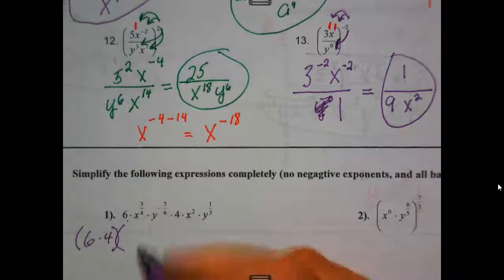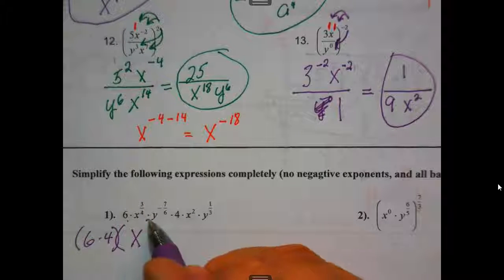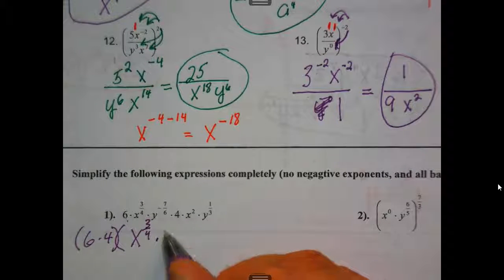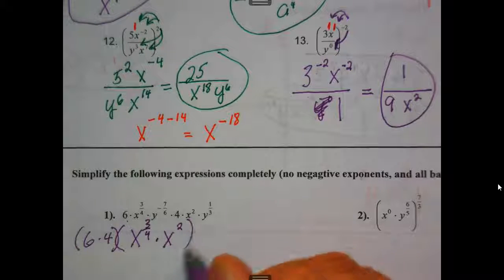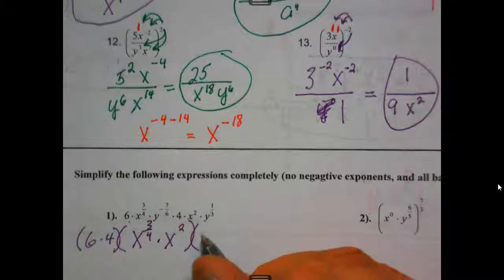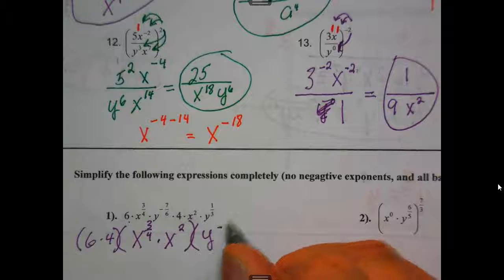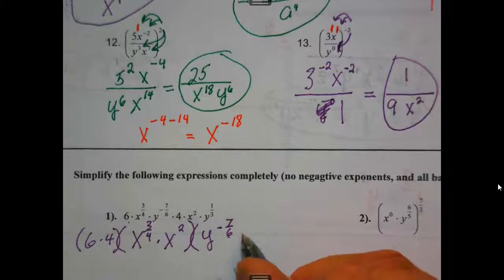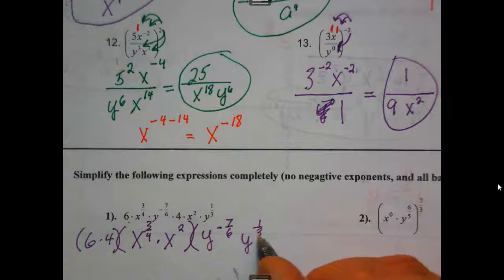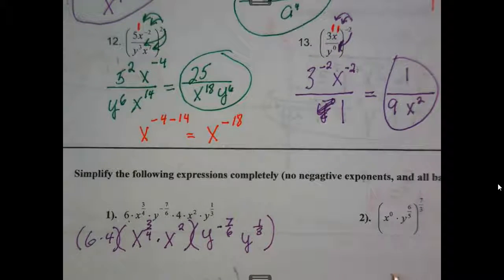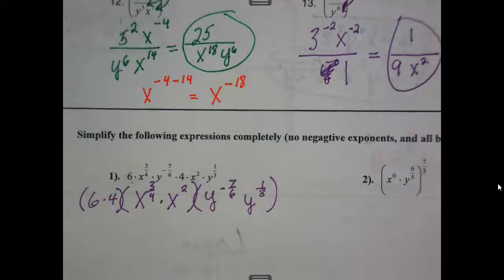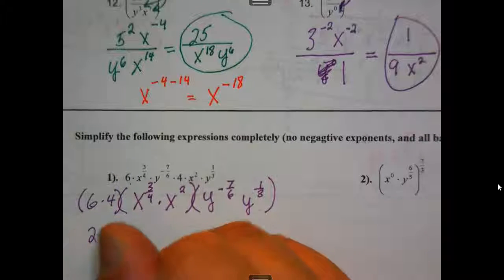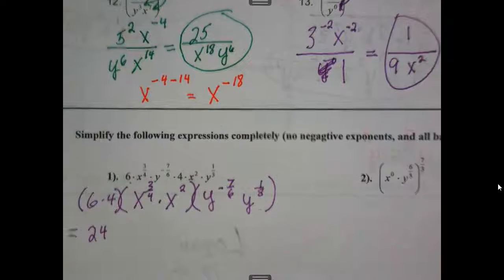I'm going to group my x's, x to the 3/4 times x squared. And group my y's. I have y to the negative 7/6, and y to the 1/3. Okay, what's 6 times 4? That's right, 24.